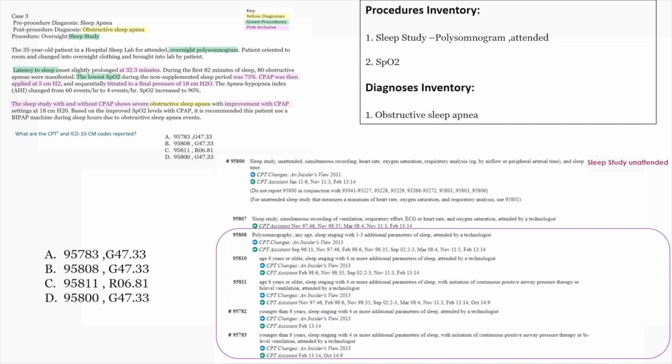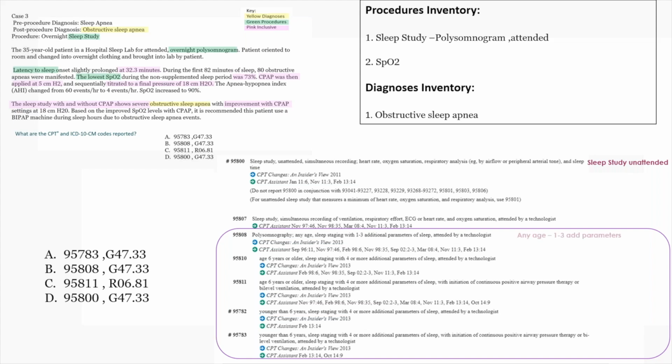Let's look and see how I chunked the section. This will help you a lot. So you can see 95800 is coding for just a sleep study, and it will be an unattended one. There will be no medical staff or trained professionals around you while you are sleeping.